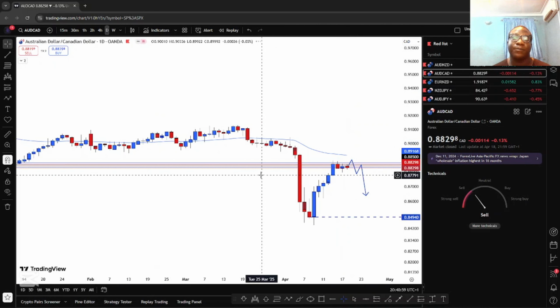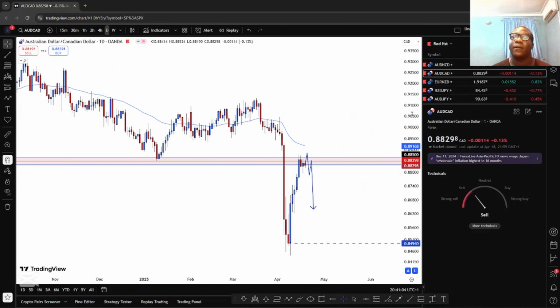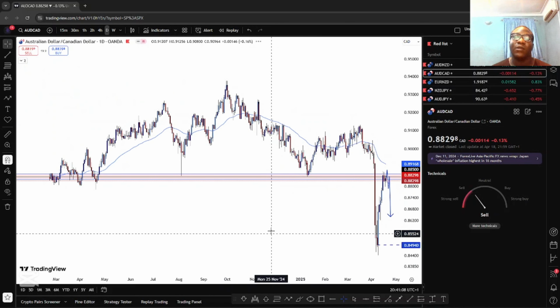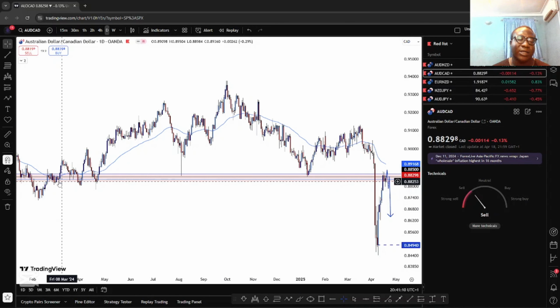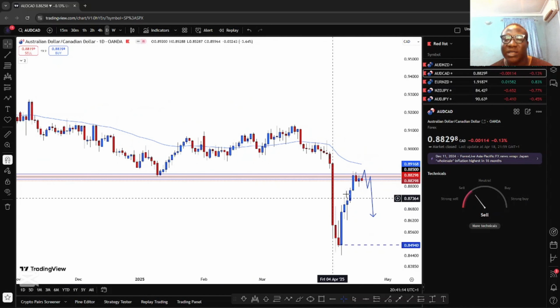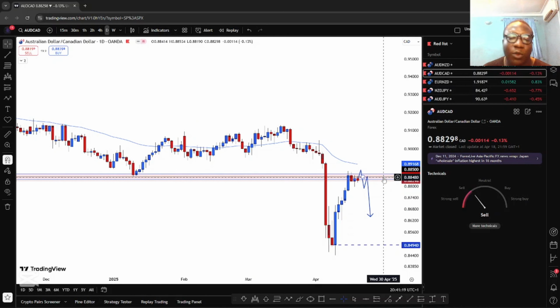On the daily time frame, you can see that the market is also currently bearish from this point to this point. And if you look to the left, you see the market has tested this area of interest multiple times on the daily time frame, which makes it the weekly and the daily area of interest.